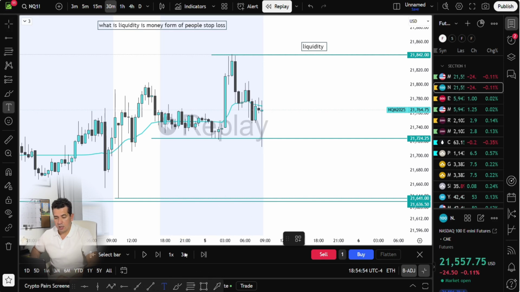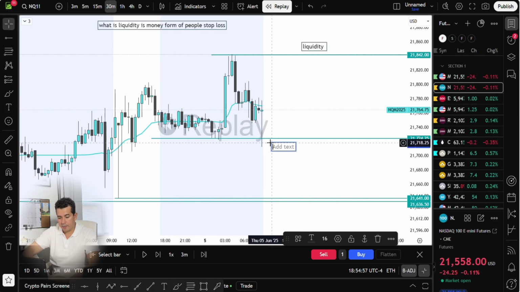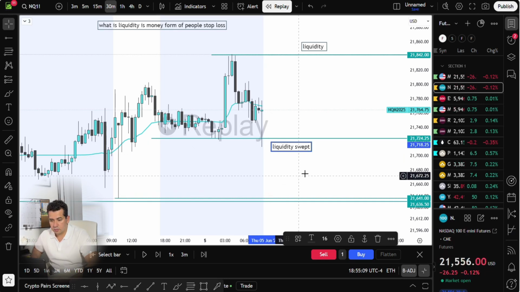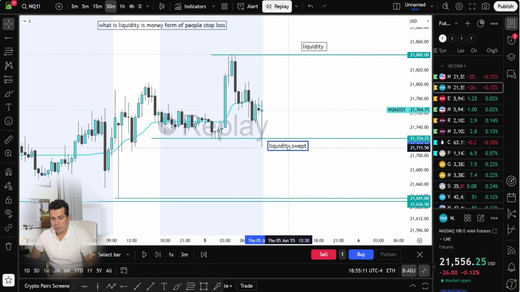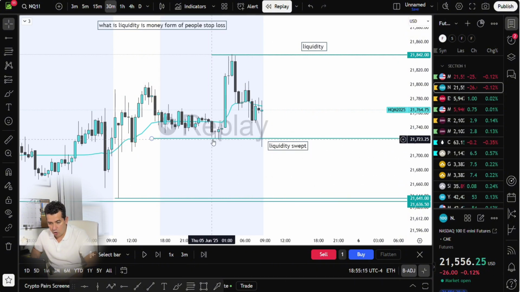This is called a liquidity sweep. It's spelled like sweep. Price came down here, took this lower point, and then took it out.